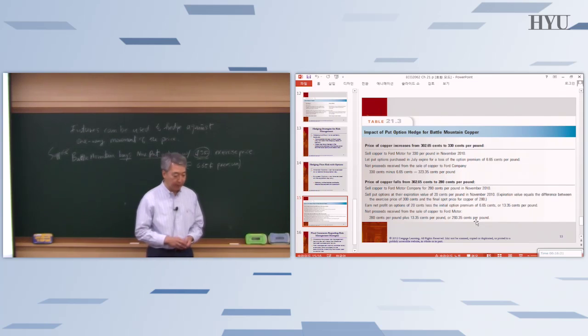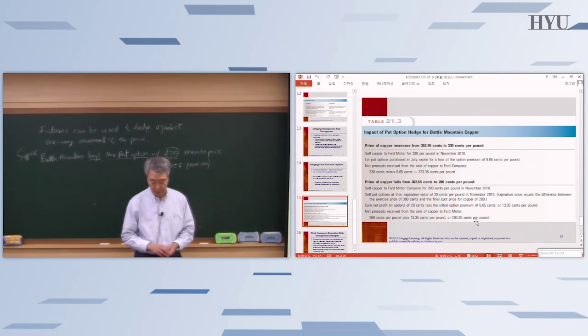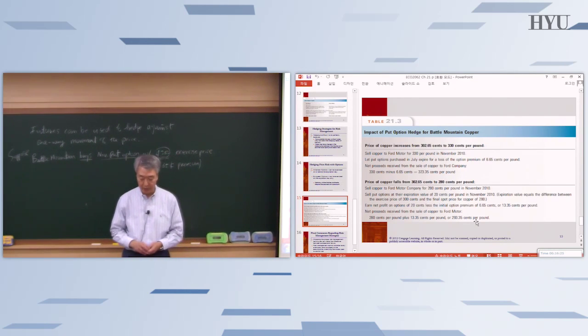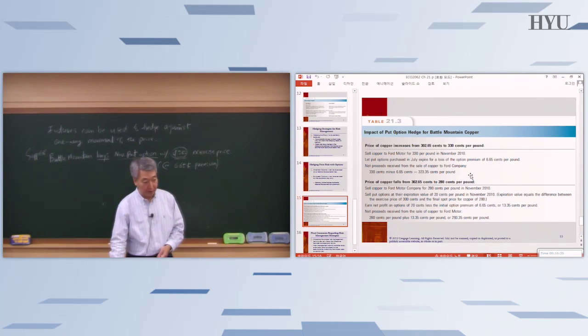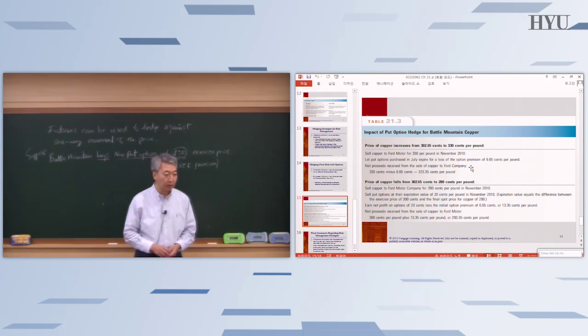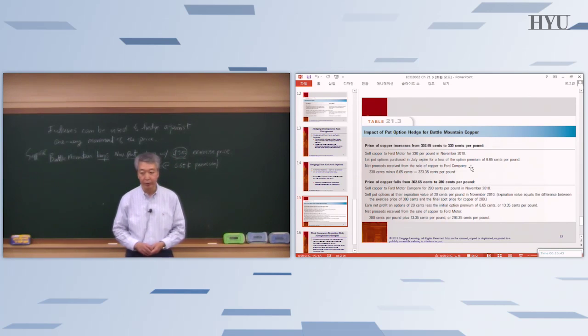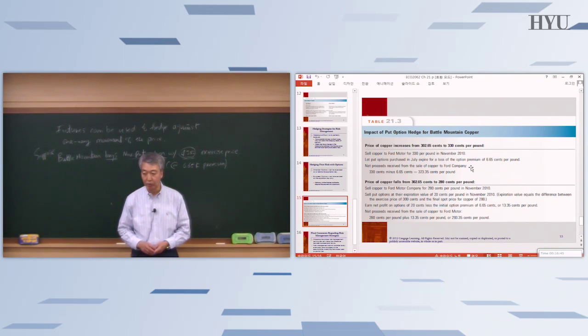But when you hedge yourself with an option like this, you are protected both ways. If the price goes up, you can just let it expire. You don't have to exercise. There is no obligation.